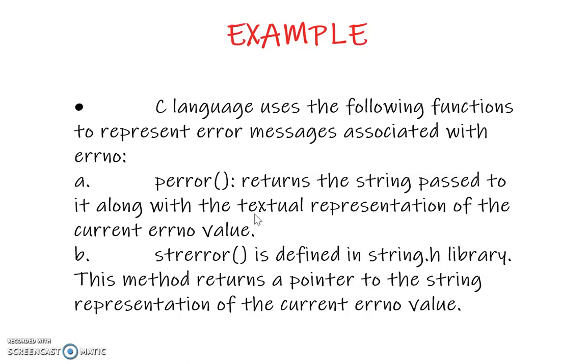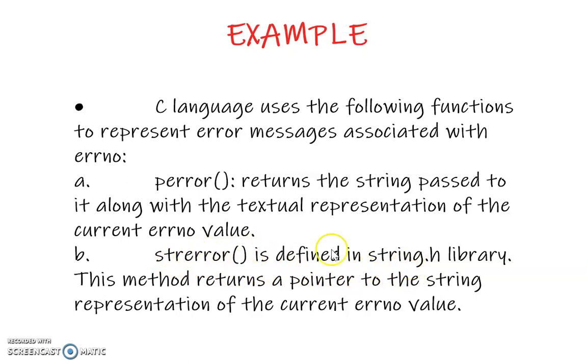For errno 12, the textual representation is out of memory. If you remember, in the last session we talked about the errno values and their respective error messages. So perror outputs the message, while strerror is defined in the string.h library.